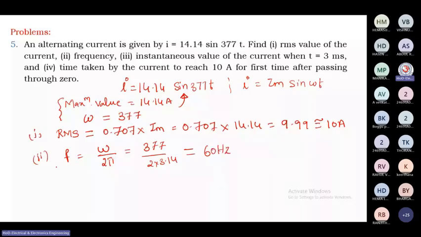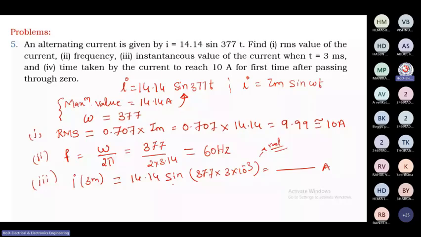So third one, you need to find the value of current at t is equals to 3 milliseconds. So I of 3 milliseconds is equals to 14.14 sine 377 multiplied by 3 into 10 raised to the power minus 3. So you need to tell this answer. Your calci mode should be in radians, not in degrees.